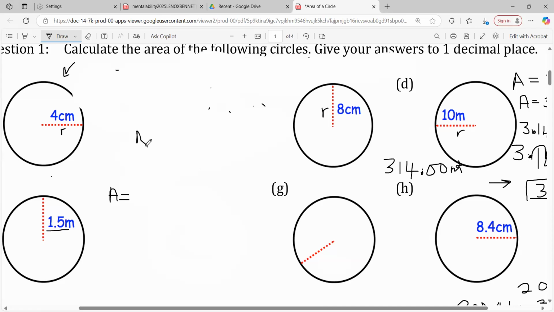Every time I write out the formula, it's because I don't want you to forget it. For those persons who are asking why I'm writing it every time, that's how the brain works. The more you do it, the more the brain remembers it. So do not freestyle it and just fling down numbers.